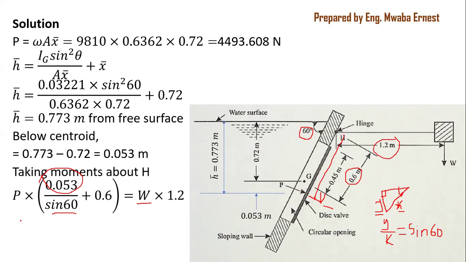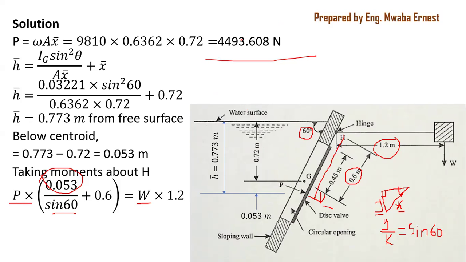All these we've already calculated for P up here, and that P was 4493.608 newtons.